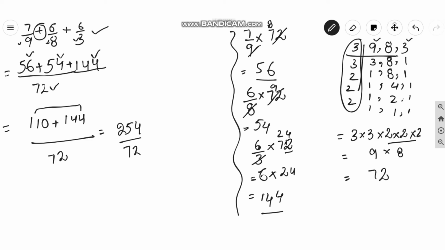In order to make the answer simpler, just check whether these two numbers have a common factor or not. As you can see, the last digit of the number is even in the numerator and also in the denominator, so these two numbers must have a common factor.